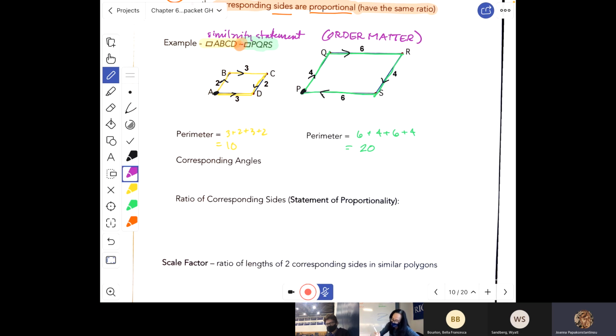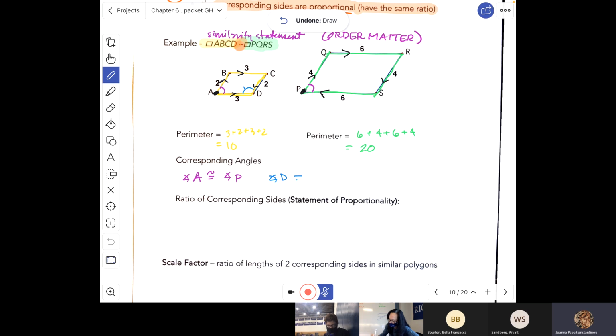So I can see corresponding angles, again, depending on which vertex I'm starting at. In other words, corresponding angles, let's look at them. Angle A is congruent, corresponding to angle P. What about angle D? What is that corresponding to?